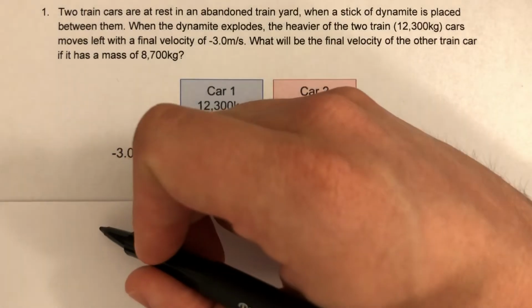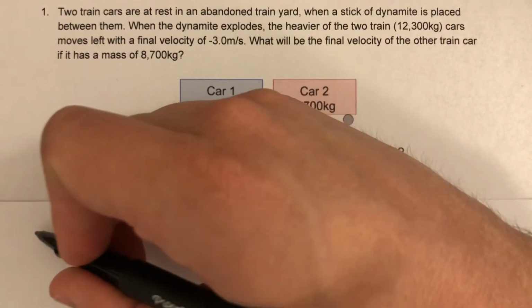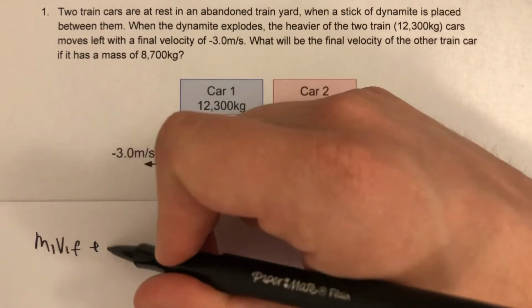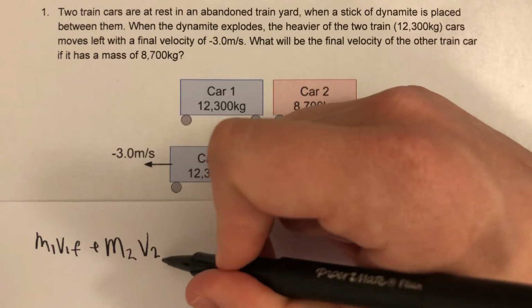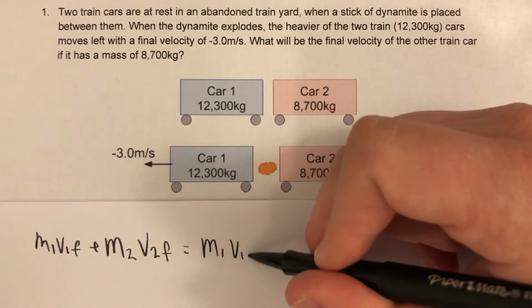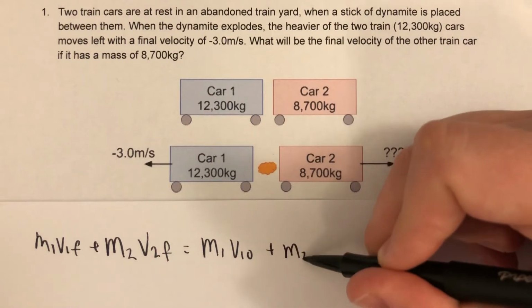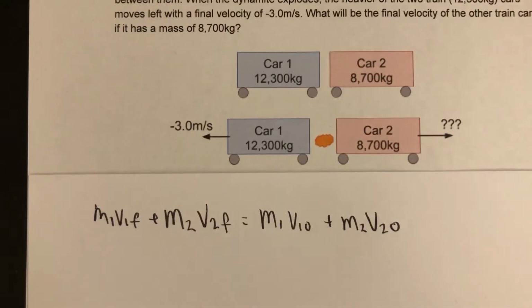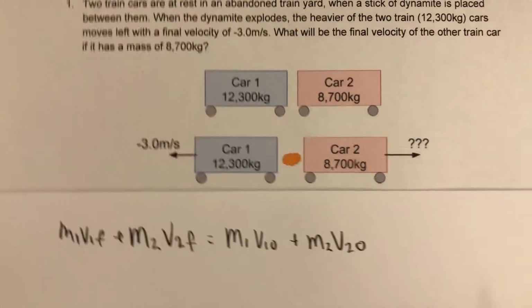And it is this equation, the one that starts with m1 v1f plus m2 v2f equals m1 v1o plus m2 v2o. That's the equation we're going to use for all the problems on the test.